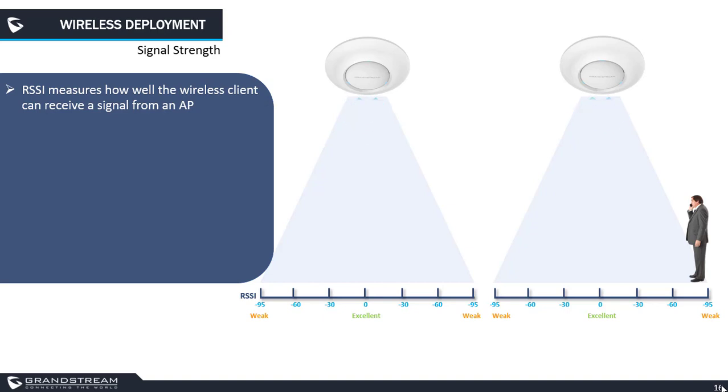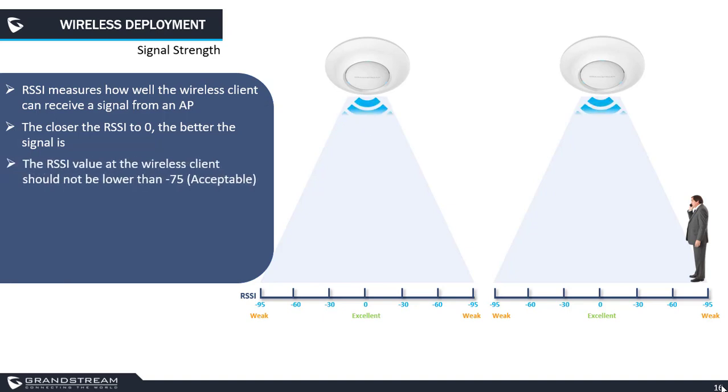It is a relative value that is useful to determine if you have enough signal to get a good wireless connection. The closer the RSSI to 0, the better the signal is. And the input range, I believe in the GW1 access point, is from minus 95 to minus 1.